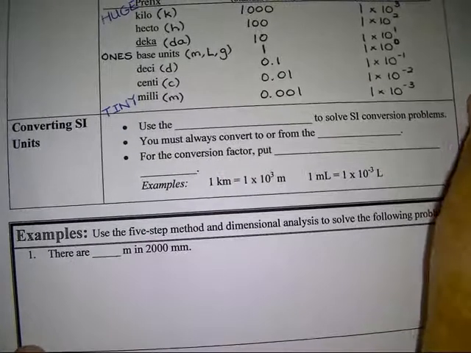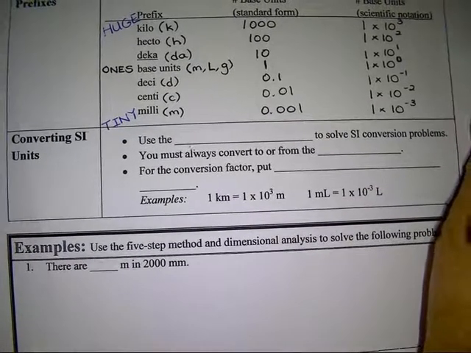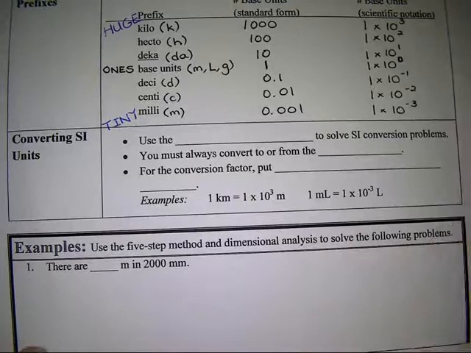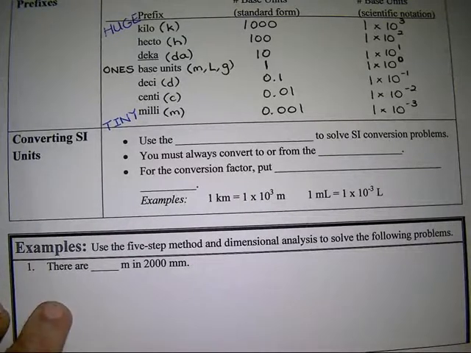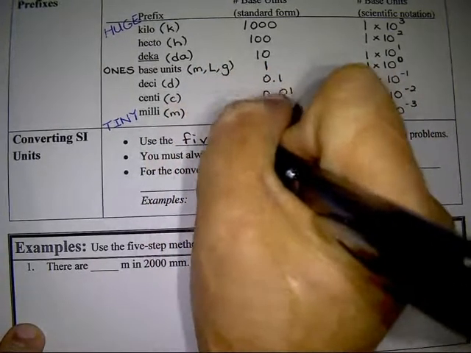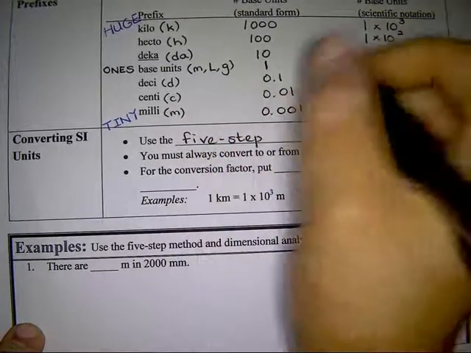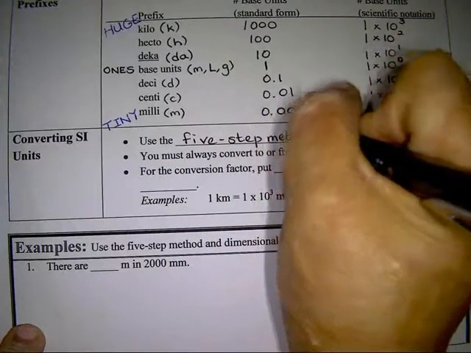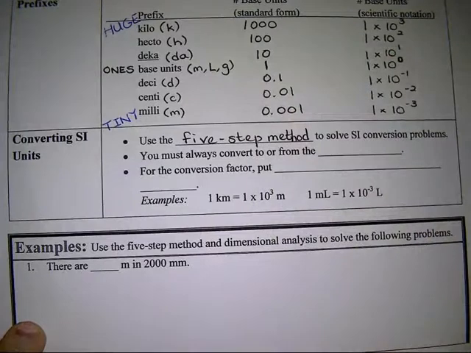Okay, now let's talk about how we're going to convert metrics. You have probably learned the moving the decimal format. Now what we are going to do in chemistry in this class is we are going to use the 5-step method that you learned about in concept 3 to solve SI conversion problems.